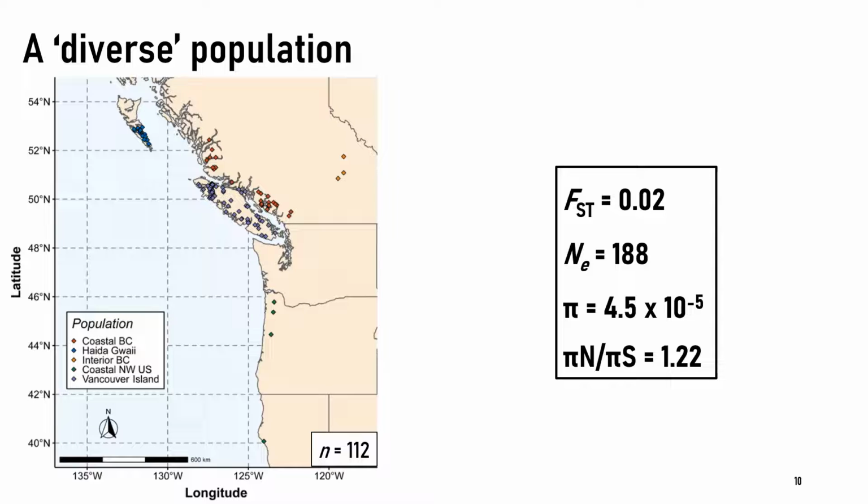And the non-synonymous to synonymous nucleotide diversity ratio was extremely high, and that's indicative of low levels of purifying selection. So most SNP loci are likely being maintained by balancing selection in our population.